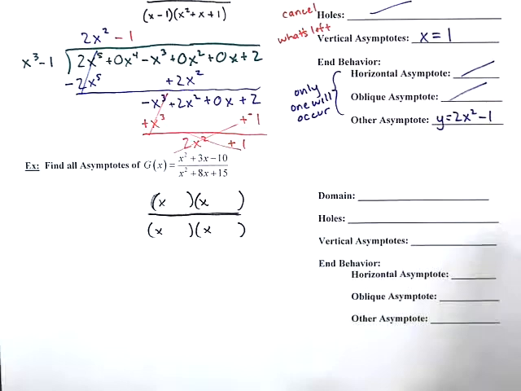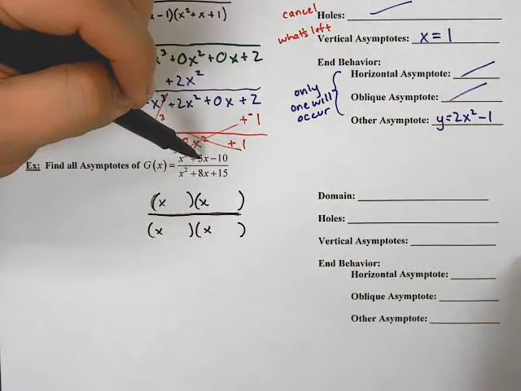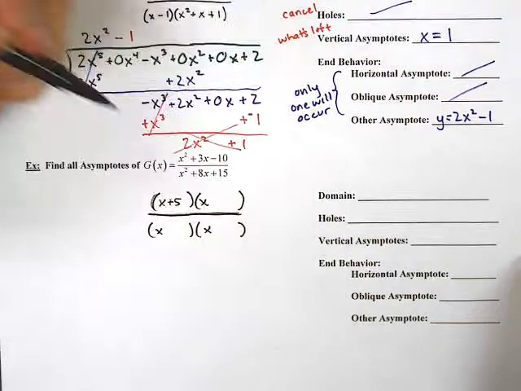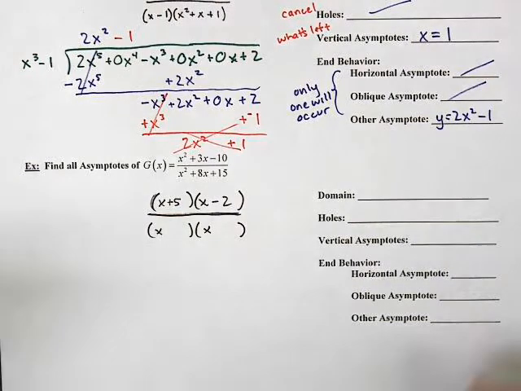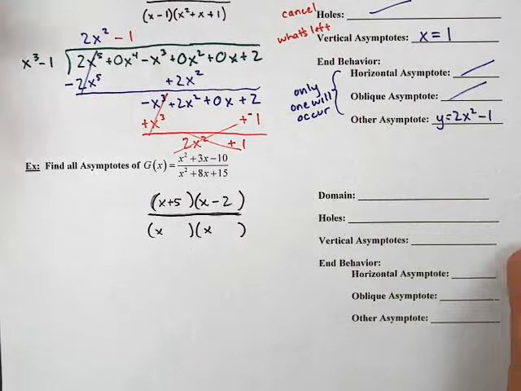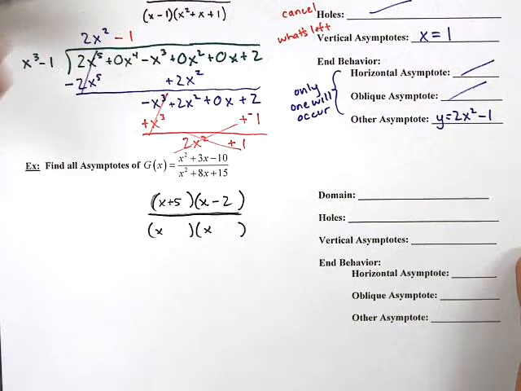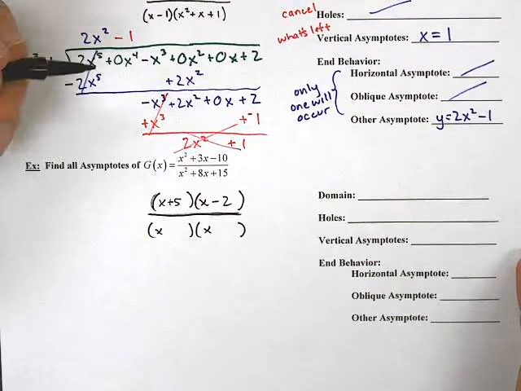x and x. So how do we get factors of -10 to +3? +5 minus 2. Yes, perfect. How do we get to +8 from factors of +15? I'm thinking 3 and 5, right? 3 times 5.